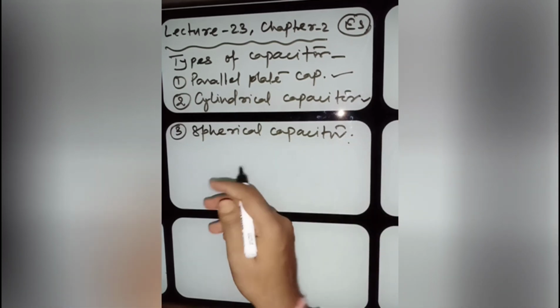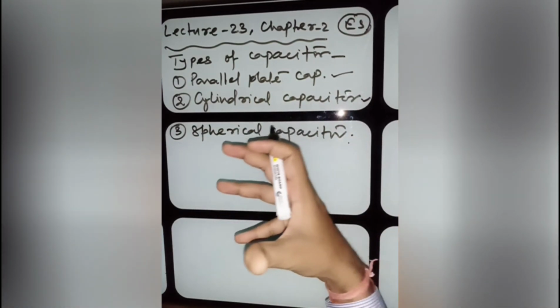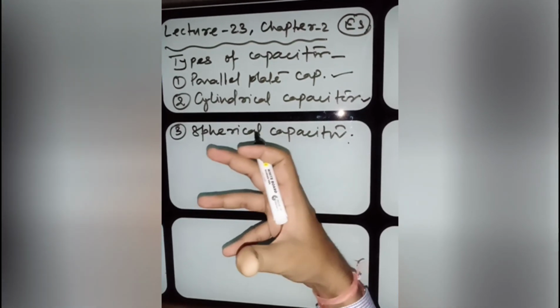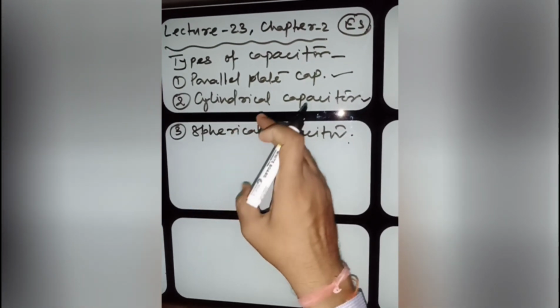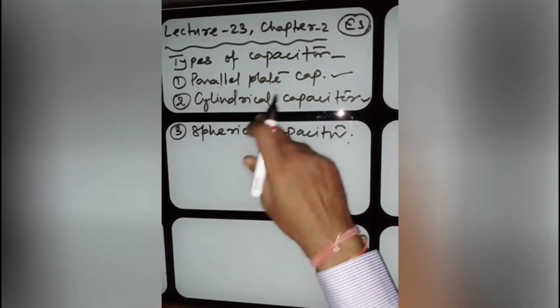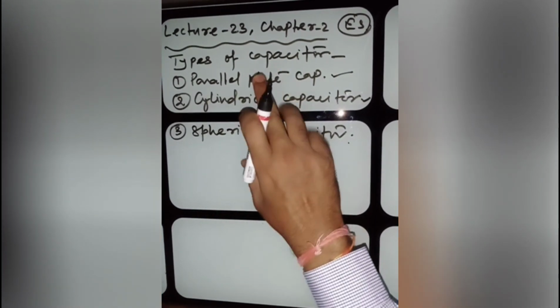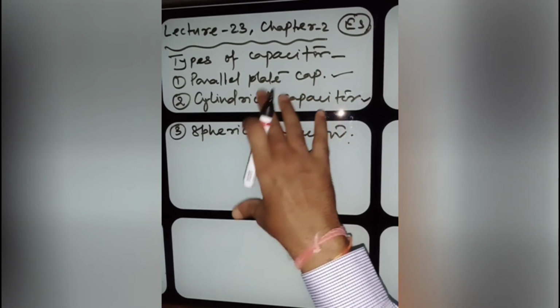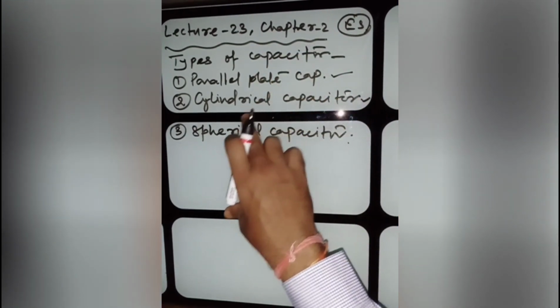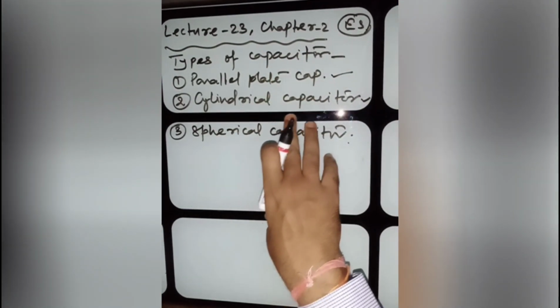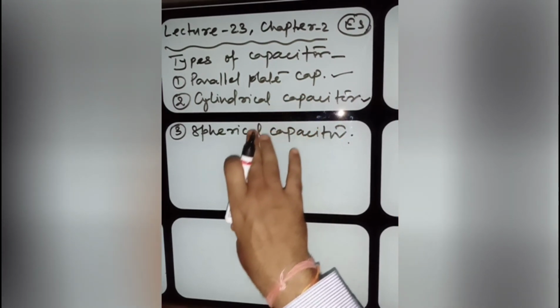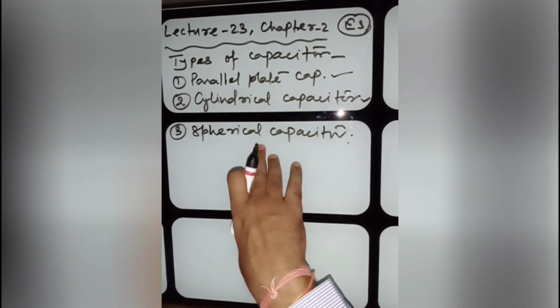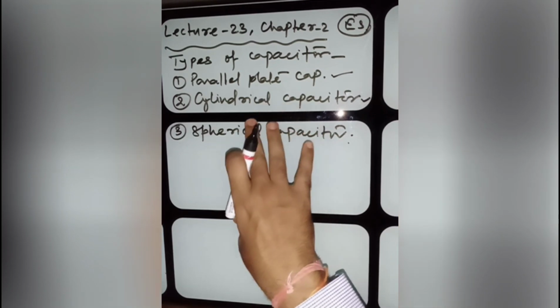Now, we'll start how to calculate mathematically the capacitance of these capacitors. The parallel plate capacitor is very famous, and you will have to solve a number of questions on this one. For cylindrical and spherical capacitor, there's only one question from each in your NCERT.